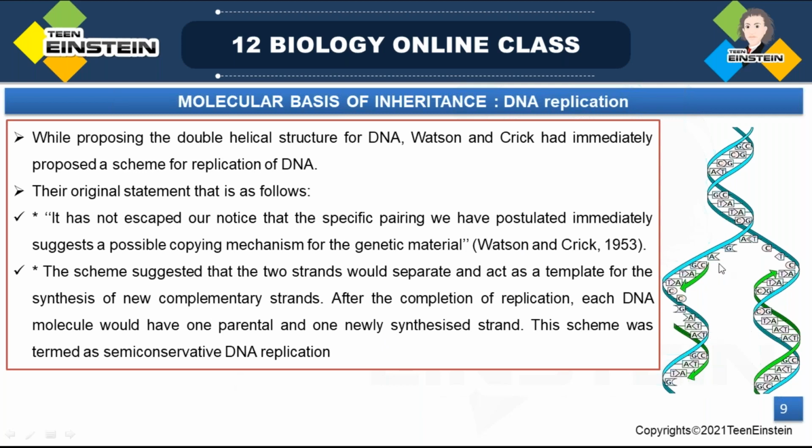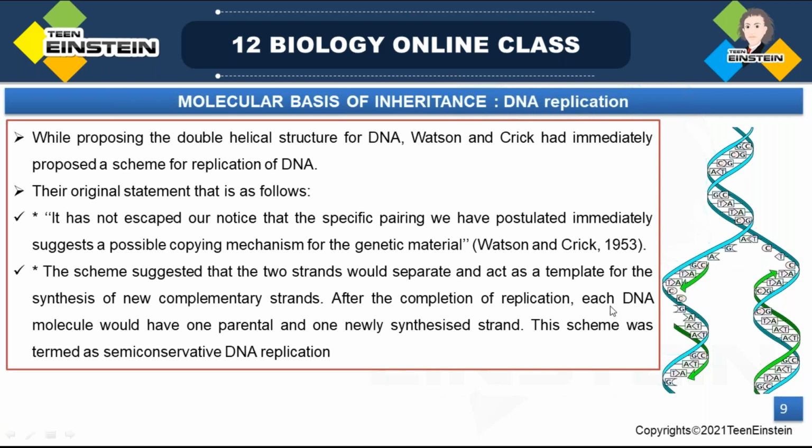After separation, each strand will act as a template strand, or a mother strand, which can help in the synthesis of a complementary strand. Here you can see this complementary strand is base pairing, that is complementary. Adenine will pair with thymine and guanine with cytosine. Based on that complementary base pairing, they can form another strand.